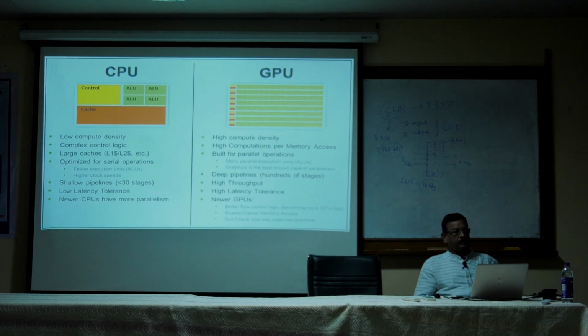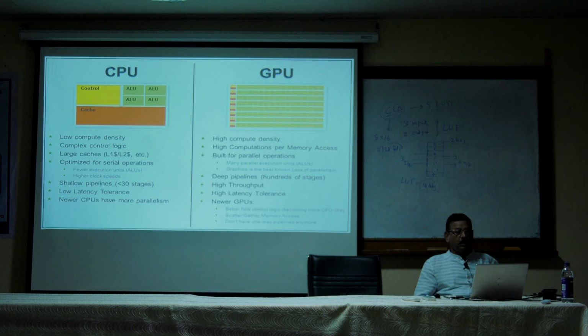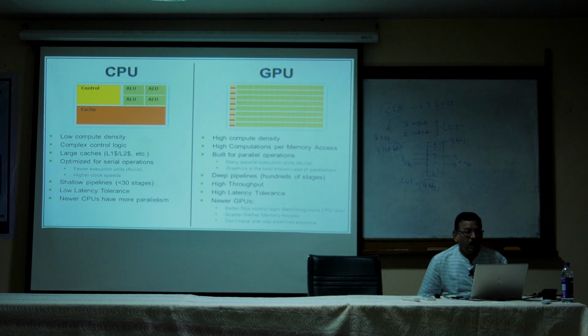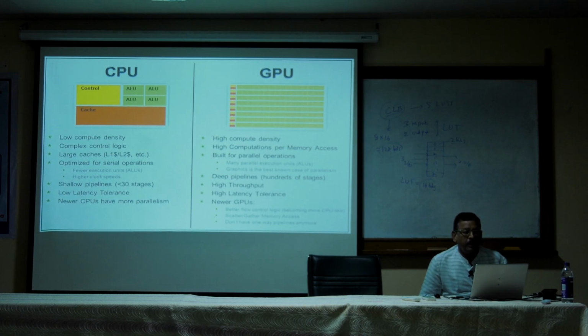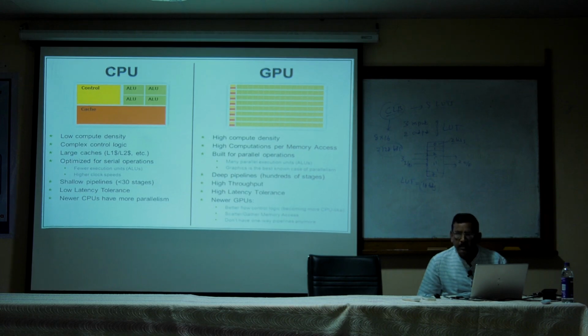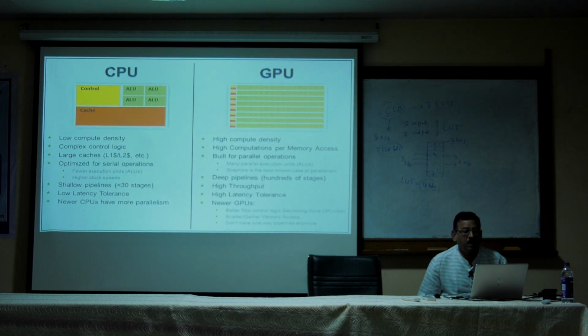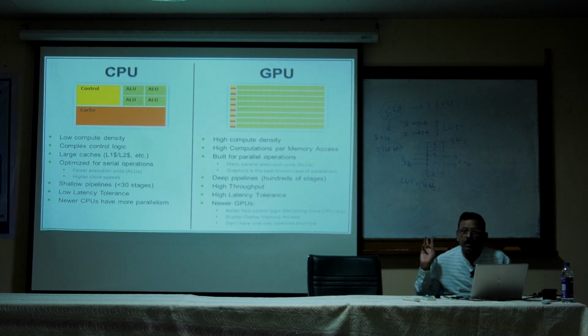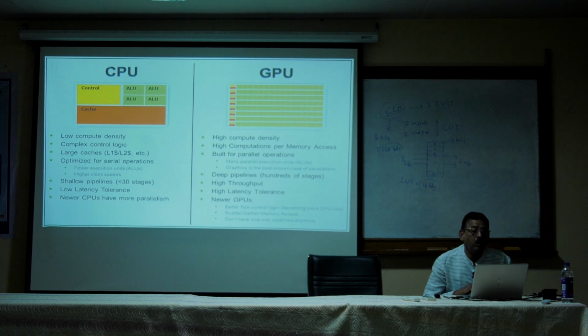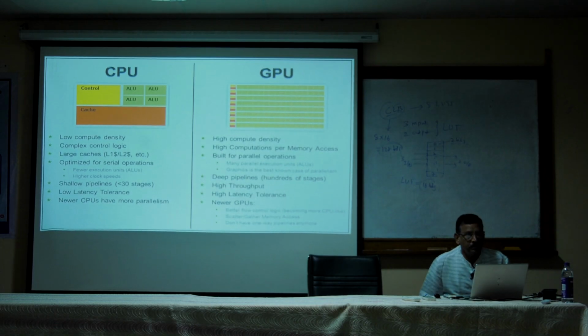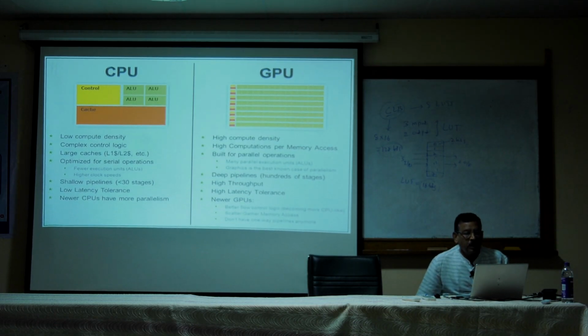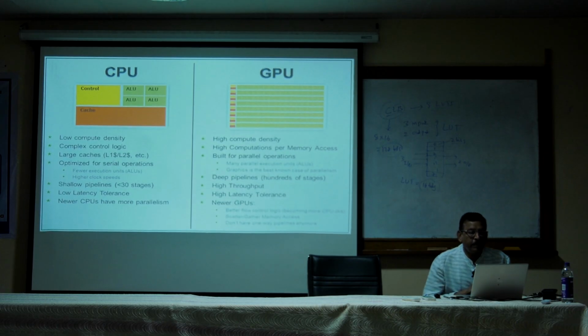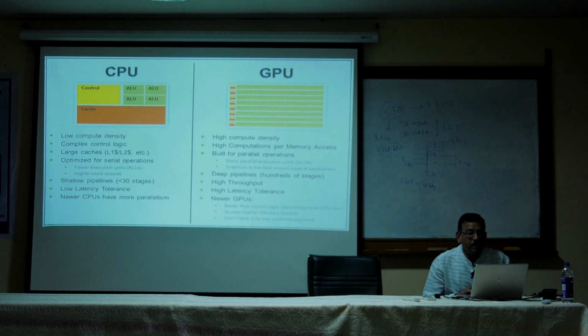Complex control logic in the case of the CPU. Here in the GPU the control logic is inbuilt, a small control logic for each row or each column or each processing element, a small distributed control logic. Multiple control logics are present in those small yellow color blocks. Then it is built for parallel operations, with many parallel execution units.